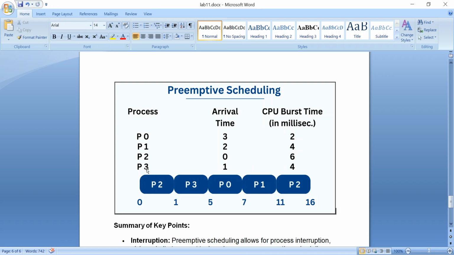But in that case P3 has a high priority, and it needs to be completed first. So in that case, P2 again goes to the waiting state, which is in the ready queue again.